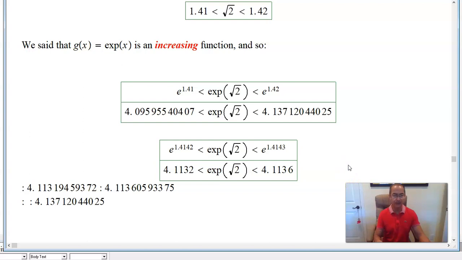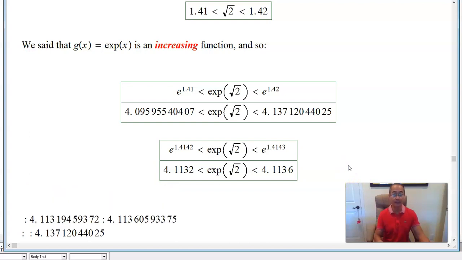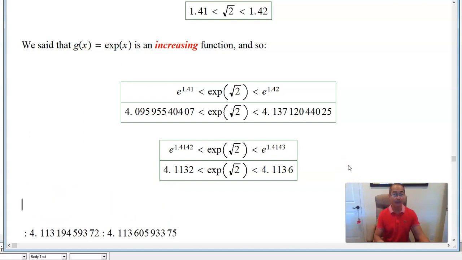Now GeoGebra gave us the complete graph of the exponential function, and of course Maple is also pretty clever. It gave us these approximations. So can Maple also tell us who is e to the square root of 2? I did e to the 1.4142 and 1.4143. Is Maple smart enough to give me a good approximation, or what does this even mean?